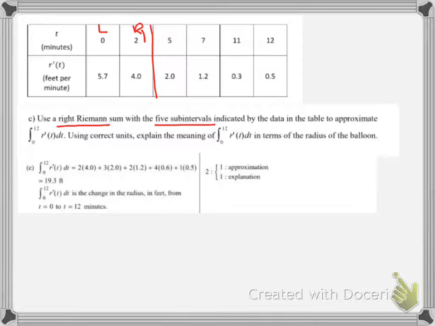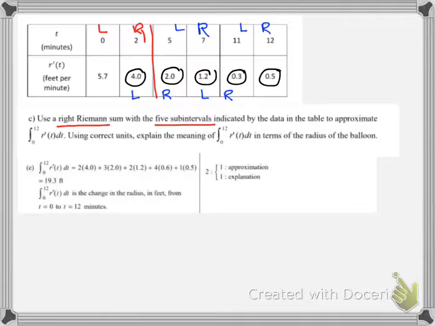And then this being the left and the right for the second, left and right for the third, left and right for the fourth, left and right for the fifth. So we'll end up using this height, this height, this height, this height, and this height. And that's what shows up in the work here. Your answer should have been 19.3 feet, and you'll get 1 point for that.